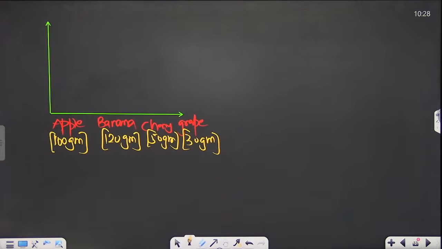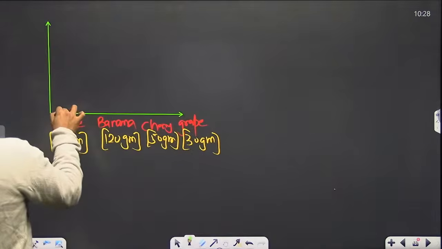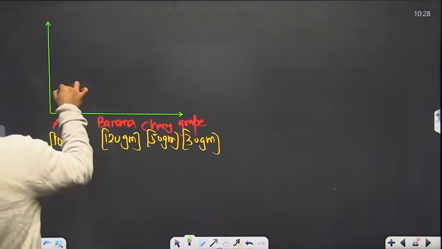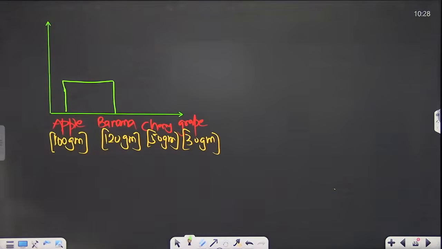what would happen here is that apple and banana would be clubbed into a single cluster or single group, and cherry and grape would be clubbed into a single group.